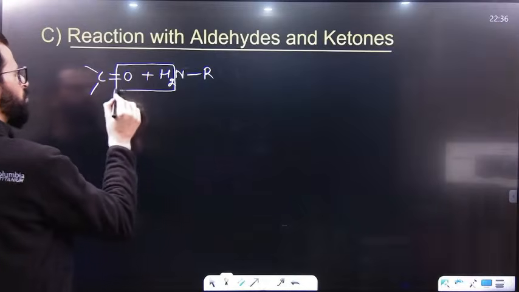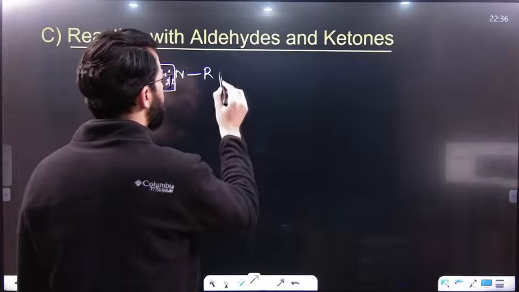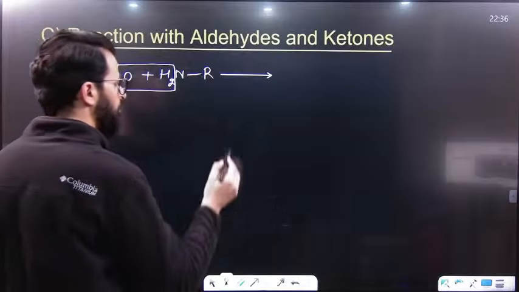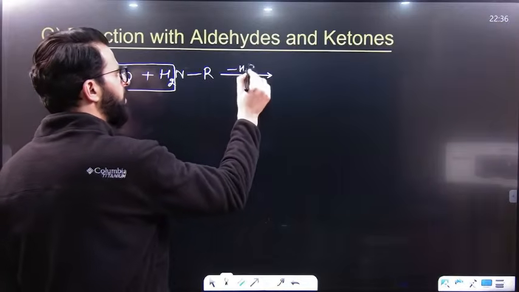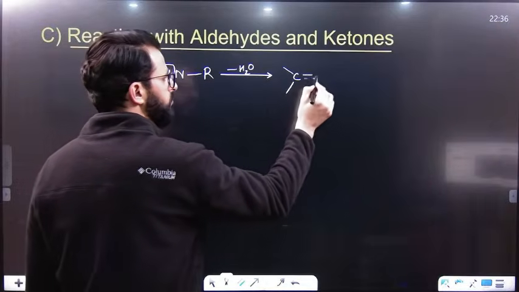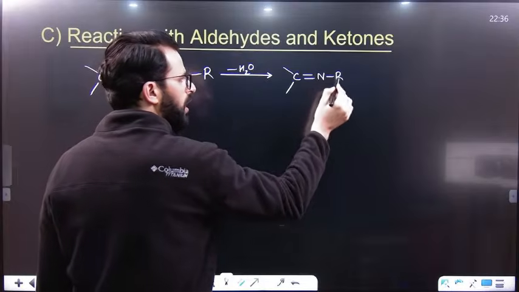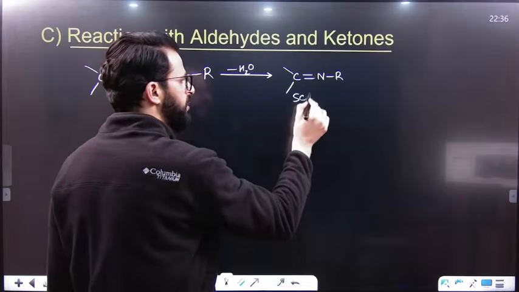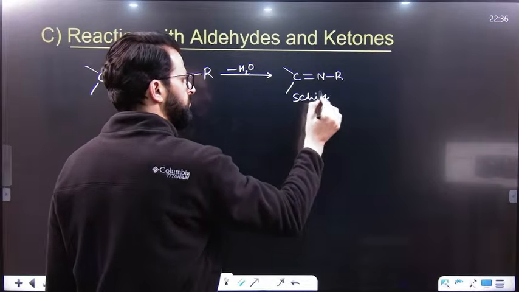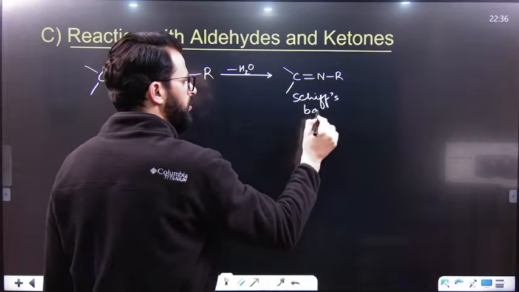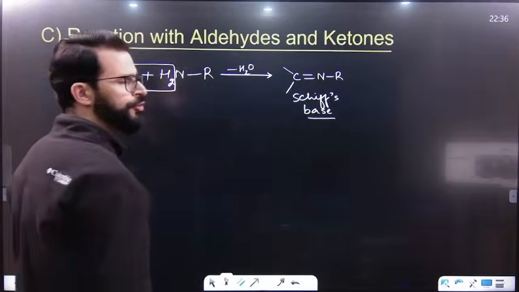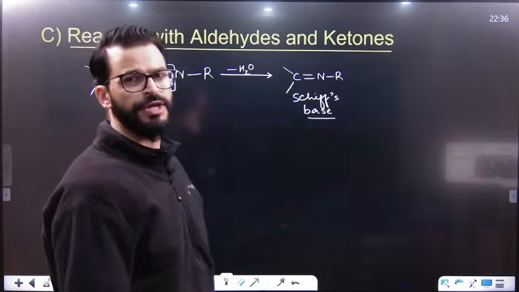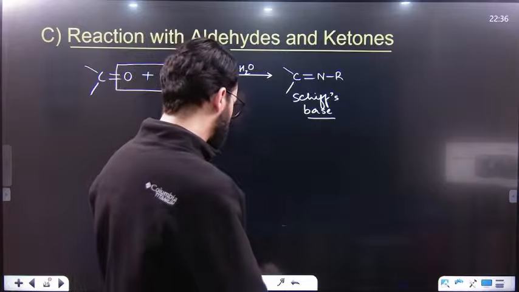It will simply lose a water molecule. When it loses a water molecule, it will result in the formation of an alkylated or substituted imine known as Schiff's base, sometimes also known as anil or azomethine.